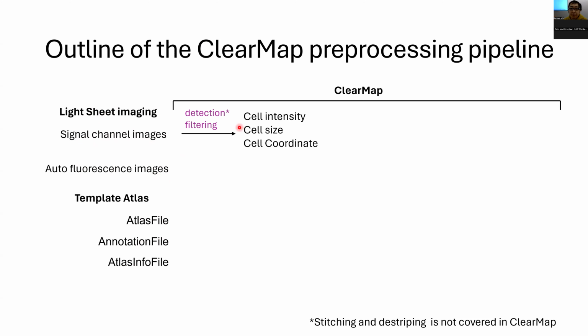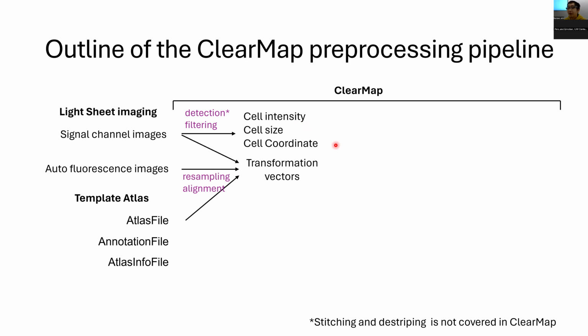It goes through a function called the detection function, using certain types of algorithms that I will talk about later to identify the center of the cells, and it will give you those cell coordinates as well as the cell intensity and the cell size for each of those masks. You can also apply filtering, which means that you can threshold the cells by size or intensity. You can omit all the cells that are bigger than whatever, or smaller than whatever.